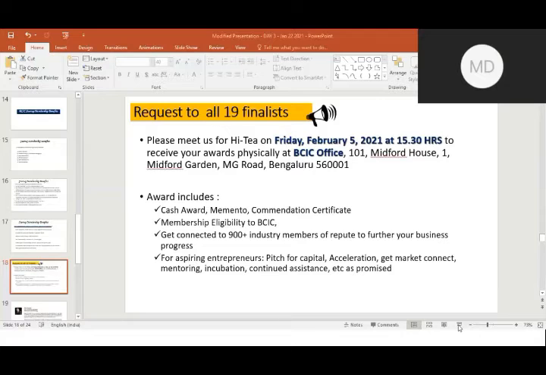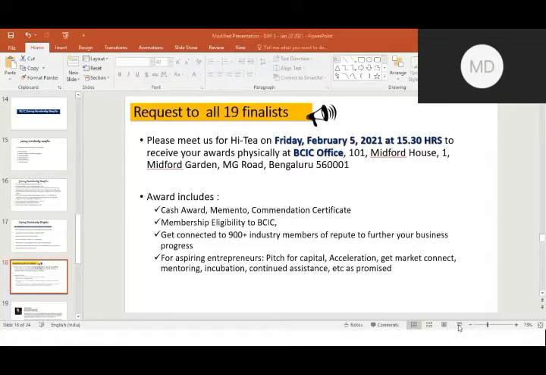For the winners, some of the benefits are cash awards, which are going to be announced, a memento and commendation certificate, and membership eligibility to BCIC, getting connected, as we mentioned before, to 900 plus industry members, as BCIC comprises corporate members and members of repute to further your business progress.